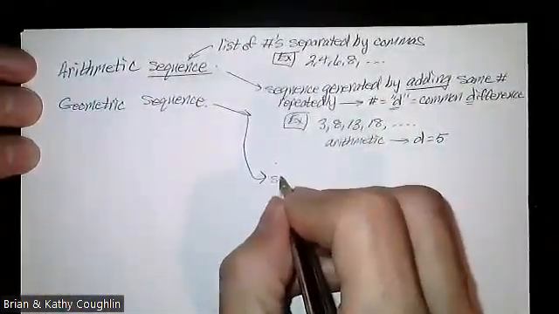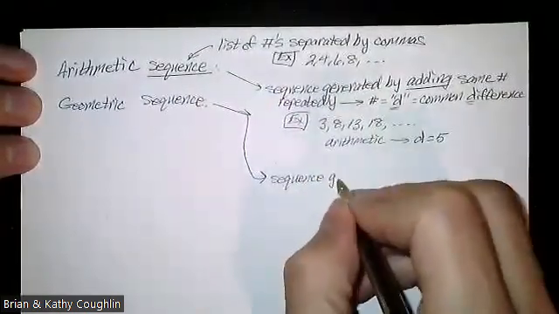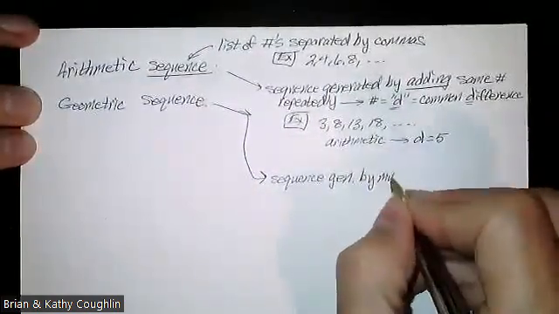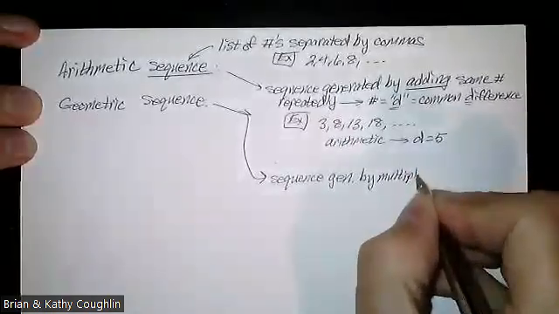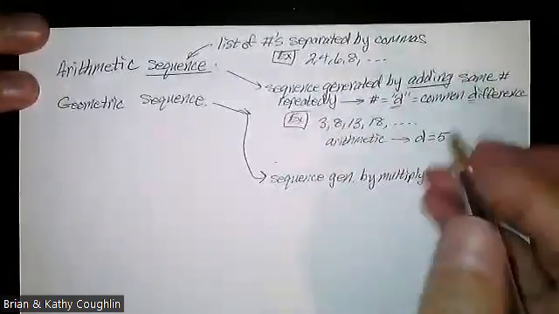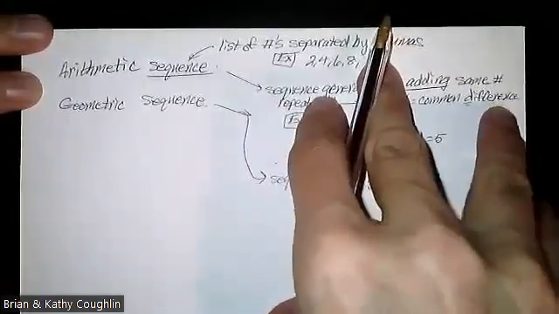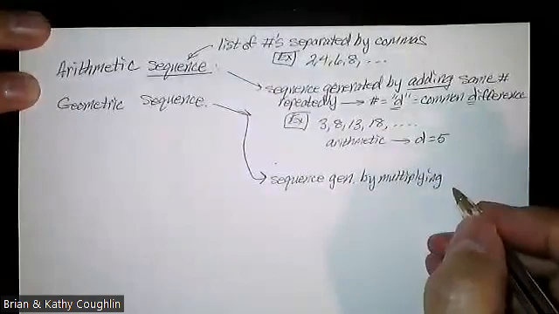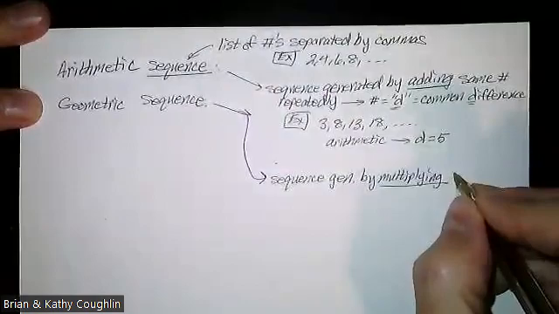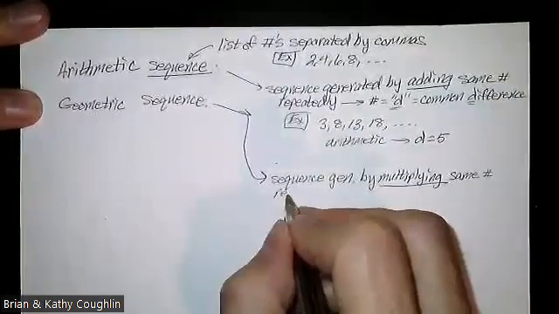A geometric sequence is a little bit different. It's still a list of numbers, but it's generated by multiplying the same number repeatedly.